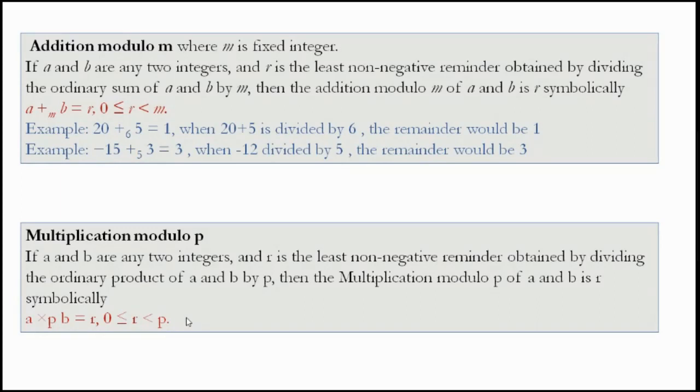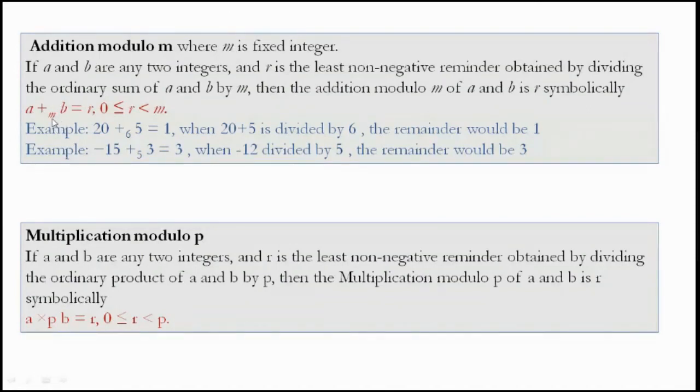That means you take two elements like 20 and 30. 20 plus 30 is equal to 50, and if you perform modulo 51, let us say m is taken as 51, then the remainder is 50 modulo 51, which is 50 only. That is the remainder r. Here m is 51, a is 20 and b is 30.